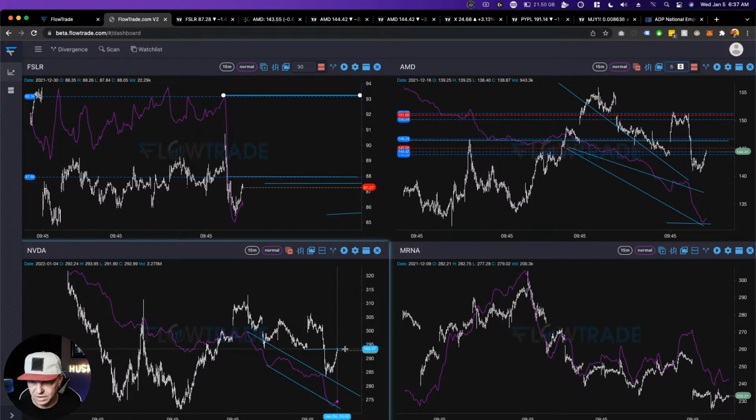NVIDIA did come up to previous resistance yesterday at, what was that, 293.50. So if NVIDIA can rip past 293, I've got some upside targets of the zone right in there to 299. Let's look at the 300s.